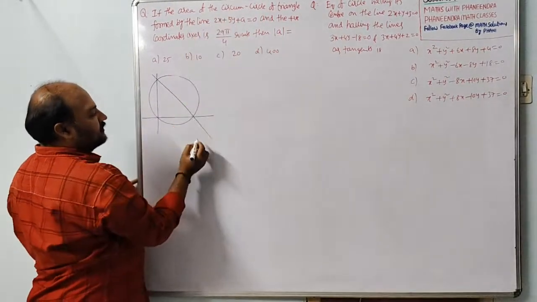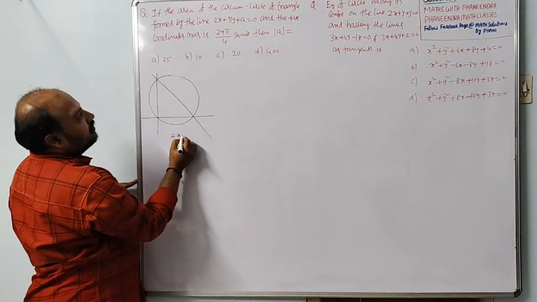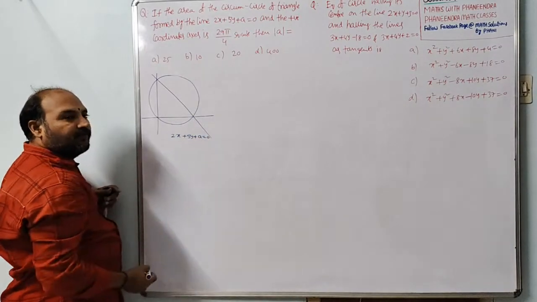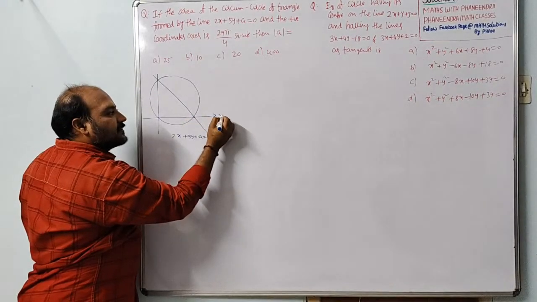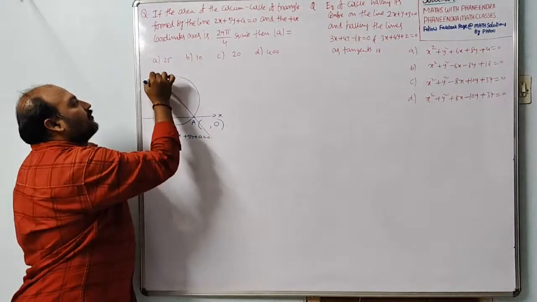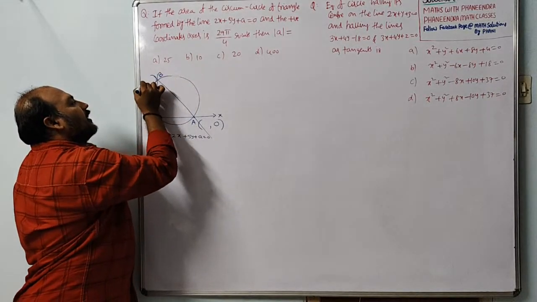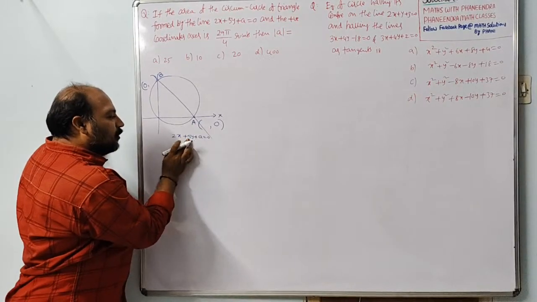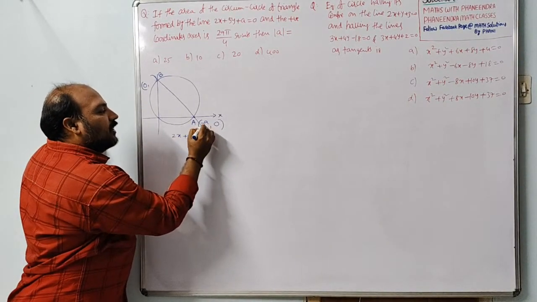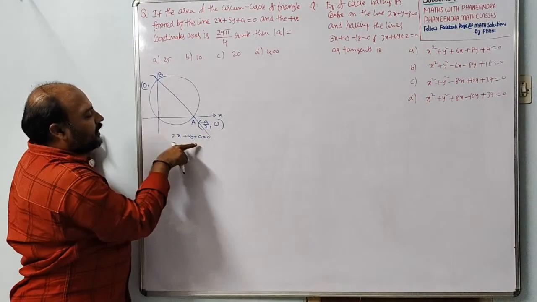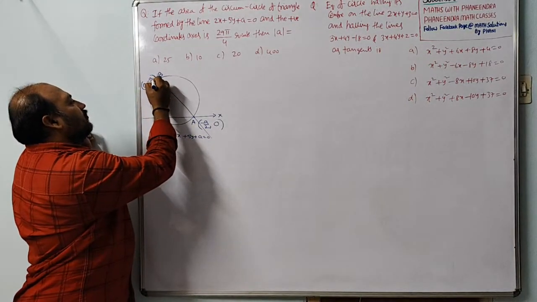This line 2x plus 5y plus a equal to 0 cuts the x-axis at the point A, where on the x-axis y is 0 only. At the point B on the y-axis, x coordinate is 0. So y is equal to 0 means x value is minus a by 2, and x is equal to 0 means y is minus a by 5.